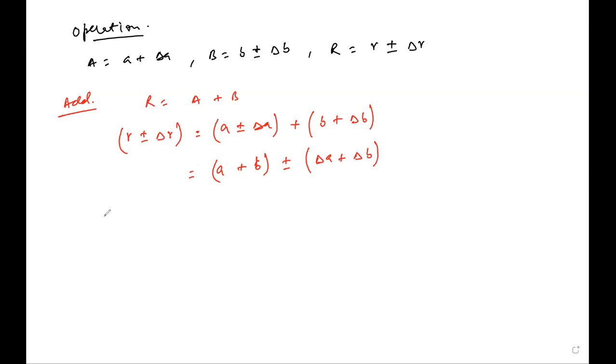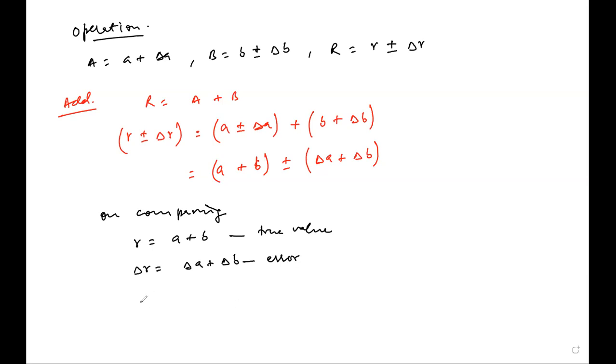On comparing you will get R equals A plus B as true value, delta R equals delta A plus delta B as error part.